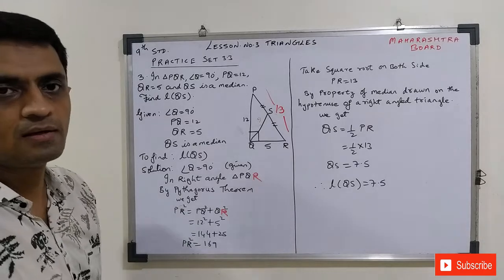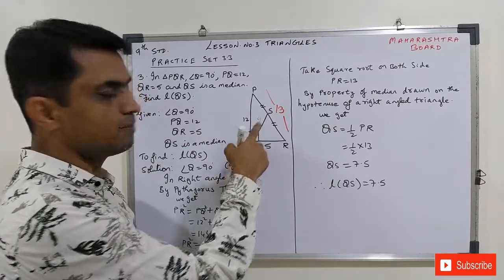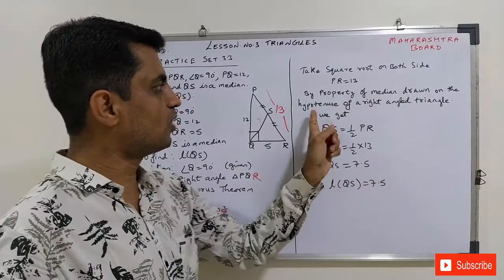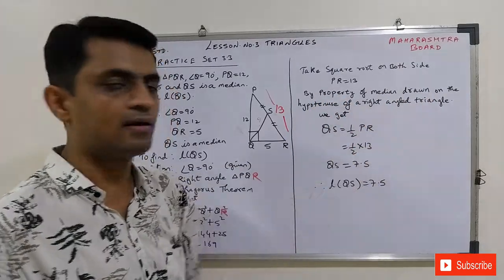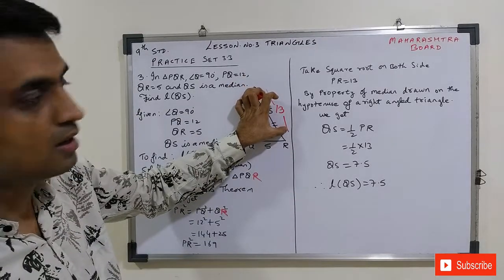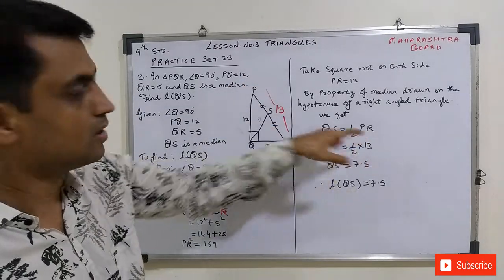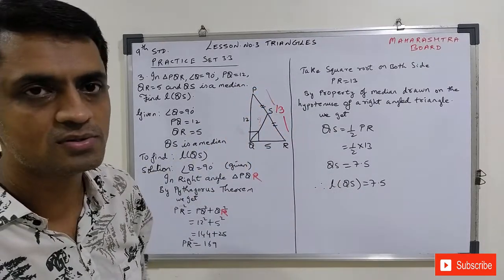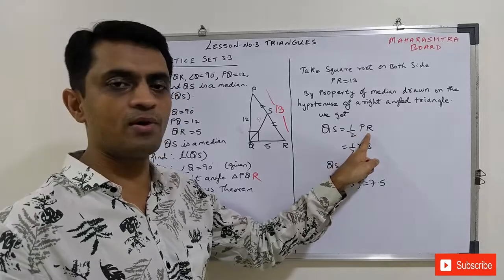This PR is 13. Now we know the relation between the median and the hypotenuse, the property of the median drawn on the hypotenuse of the right angle triangle. The median drawn on the hypotenuse is always half of the hypotenuse.